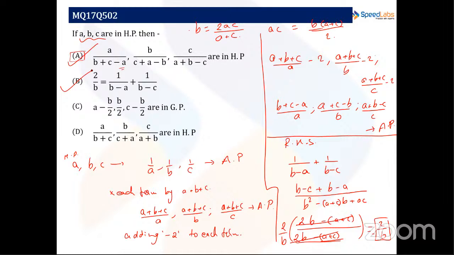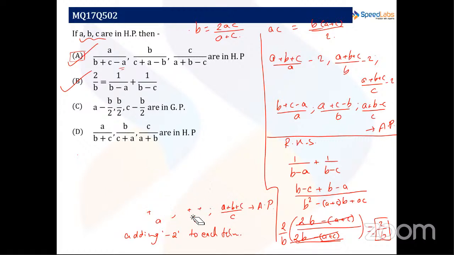Now let's check for option C. We need to check whether these three terms are in GP.